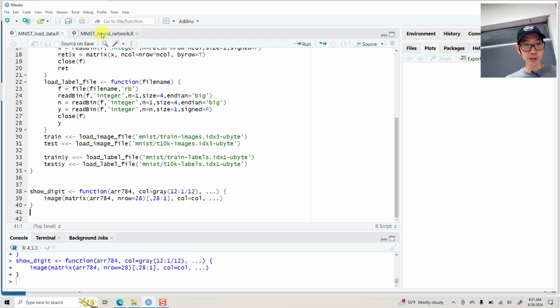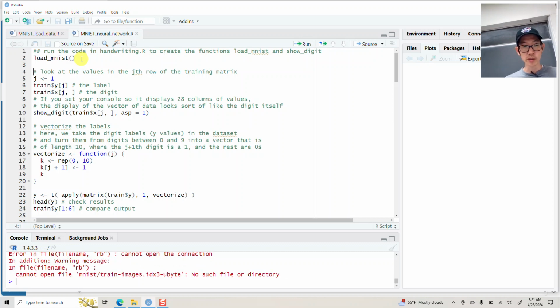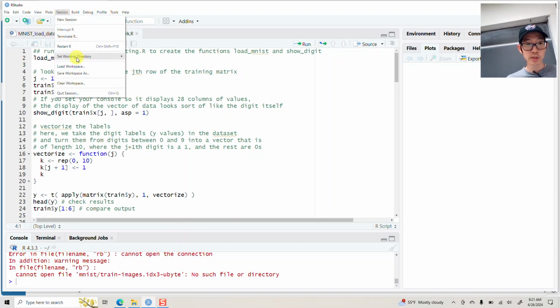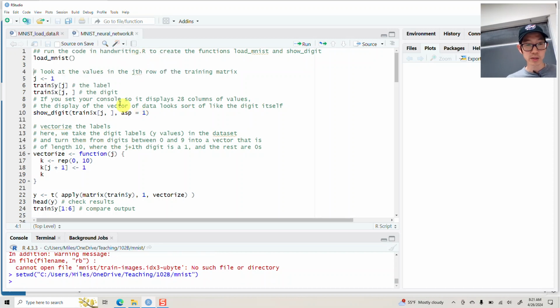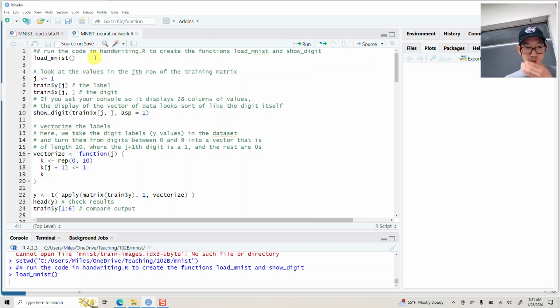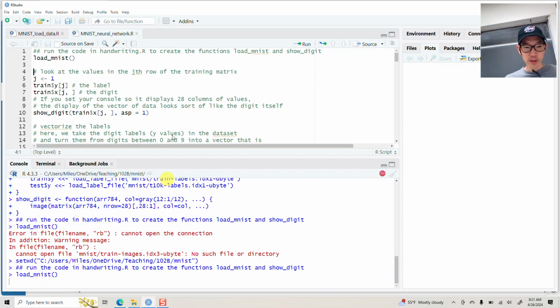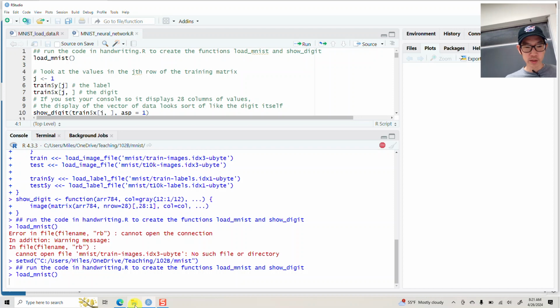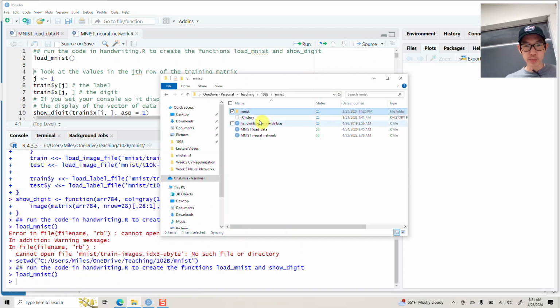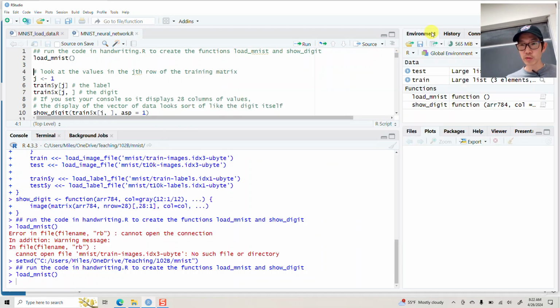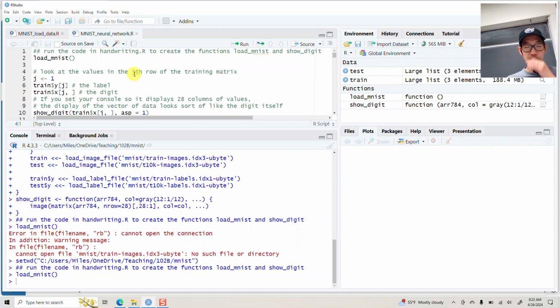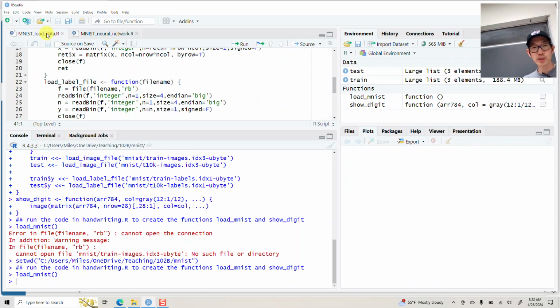There are 2 functions, and one we'll call load.MNIST. Hang on. It'll take a little bit of time to load these. Okay, so in my environment I now have the loaded data, since I called the scripts.